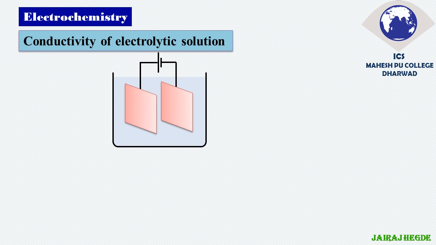Conductivity of the electrolytic solution. So we have two electrodes, electrode 1 and electrode 2, and this is the distance between those two electrodes, and this will be the area of cross section of electrode.